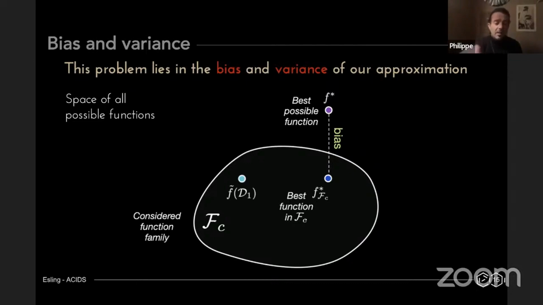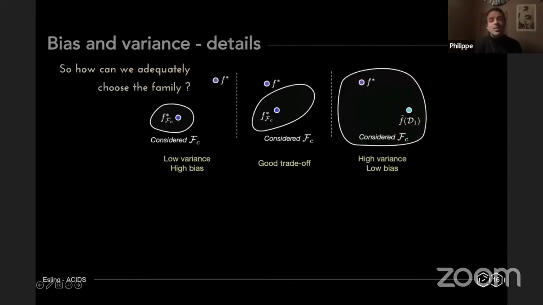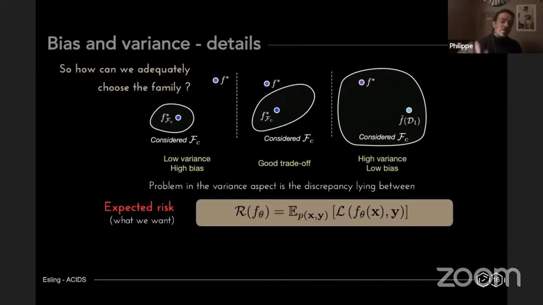And then training on different sets of data is going to get us to have variance between the best possible function and our data. So there are different ways to choose this family between low variance and high variance and low bias, and some good trade-off, right? So the problem in the variance is the discrepancy between the fact that we want to estimate the expected risk.